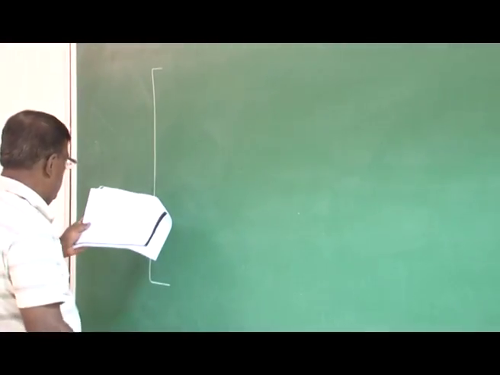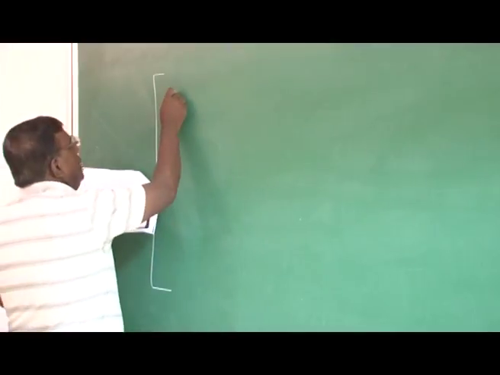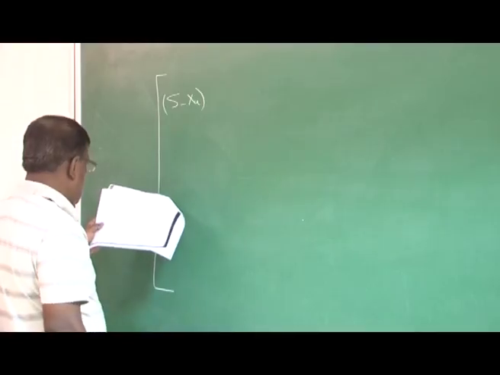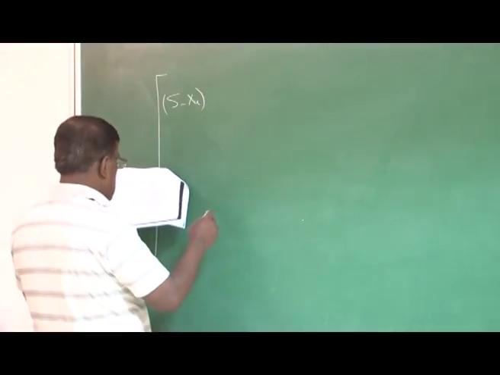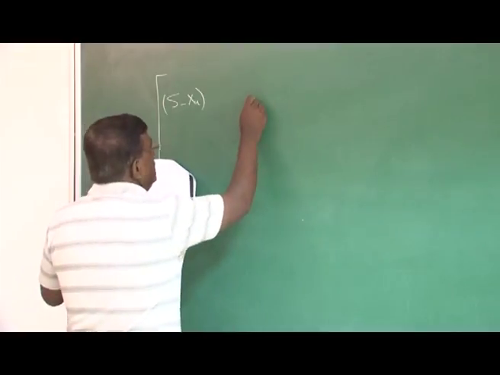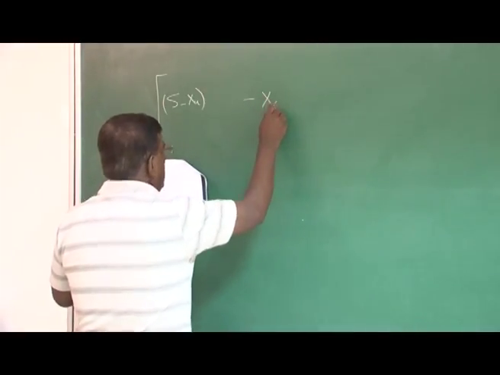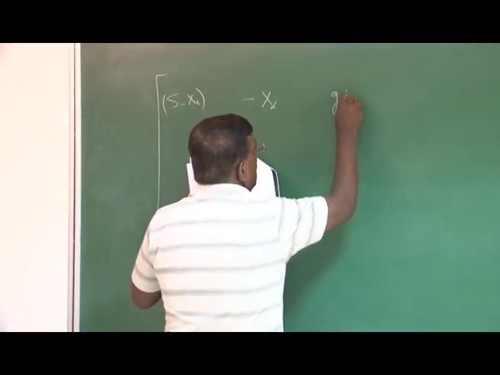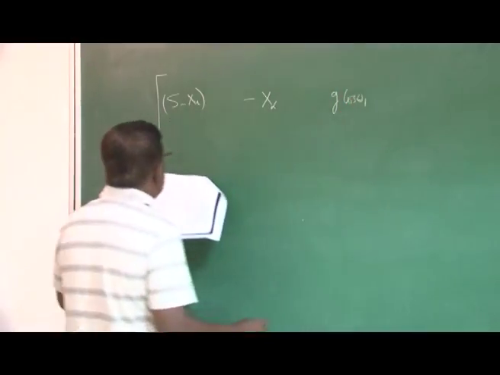So now the matrix form equation will look like this, let me write. s minus xu, minus x alpha, g cos theta 1.